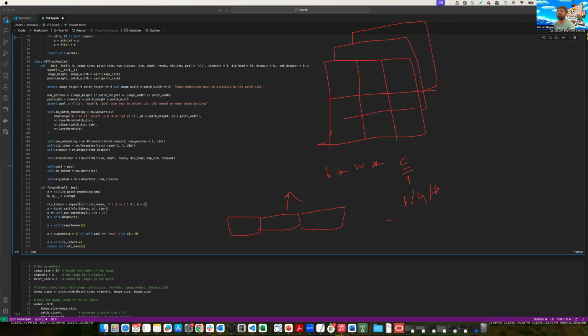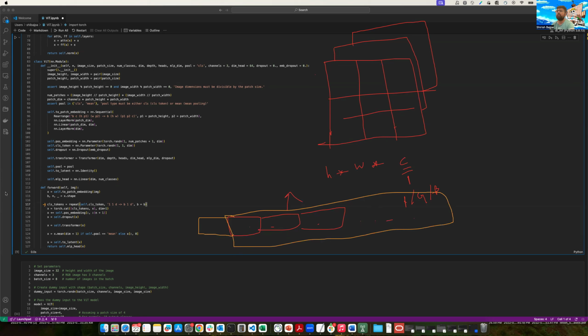One additional thing we are doing at this stage is adding a new token that is supposed to represent the entire image. Now, in language we call these text tokens, but here we are calling them patches, right?